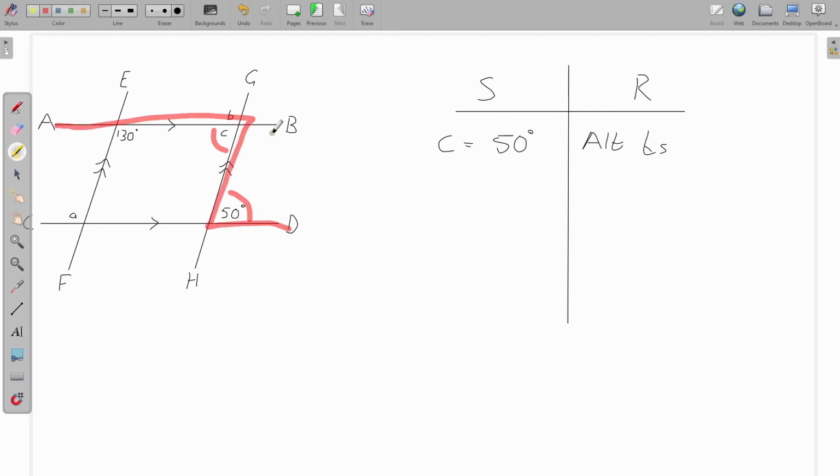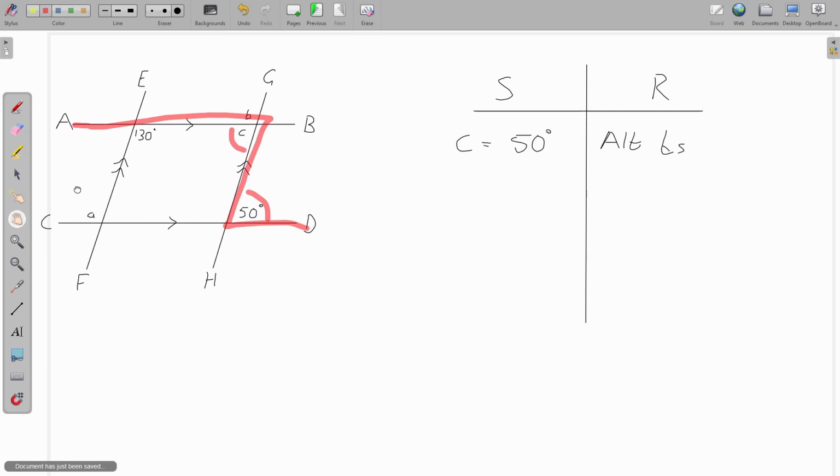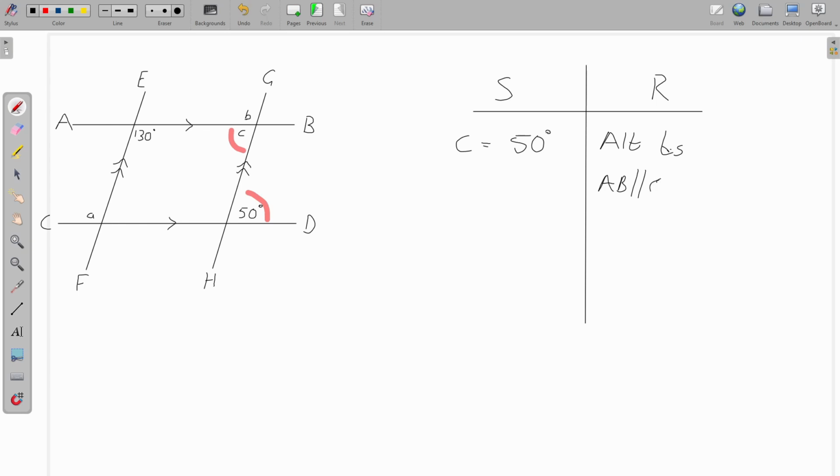AB was the top arm, CD, which you can just see there, CD was the bottom line. So, alternate angles, and it was because AB was parallel to CD. Which means that C is going to be 50 degrees here.